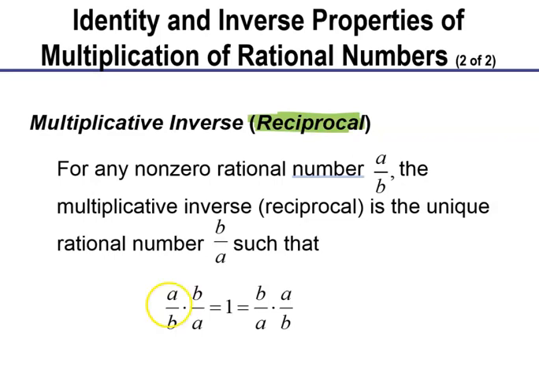So if you take A over B and then you multiply it by the multiplicative inverse, which is called the reciprocal, which is B over A, then you get an answer of 1. And remember how we talked about canceling? Look, this B and this B, those are common factors, so when we divide that out, they cancel. This A and this A are common factors. When we divide that out, it cancels, and you get 1.